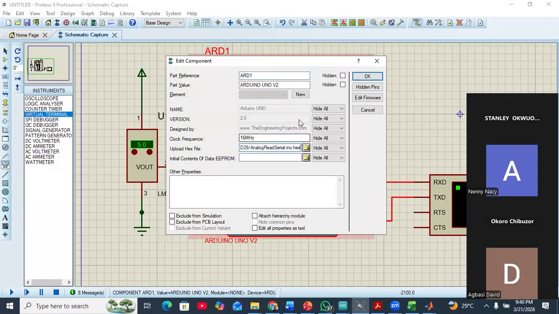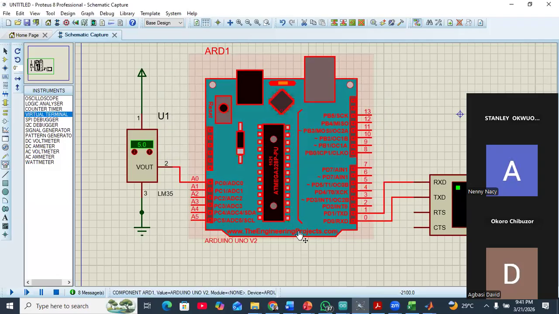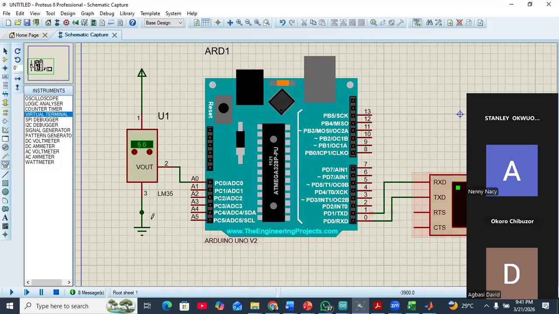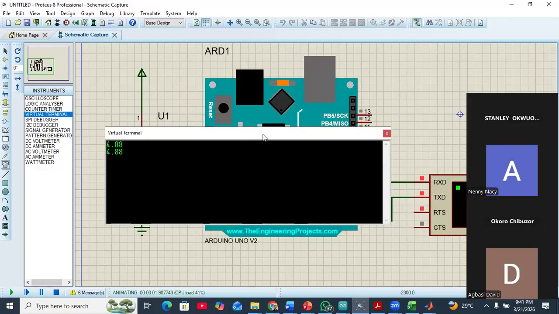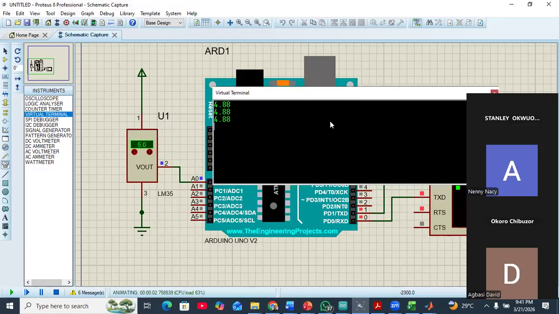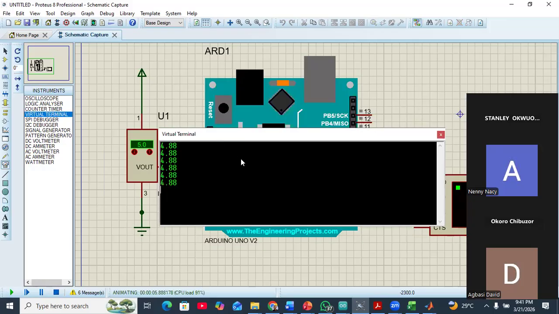So we run this and see the effect. Let's see what you can see. 4.88 printing on the serial monitor. 4.88.